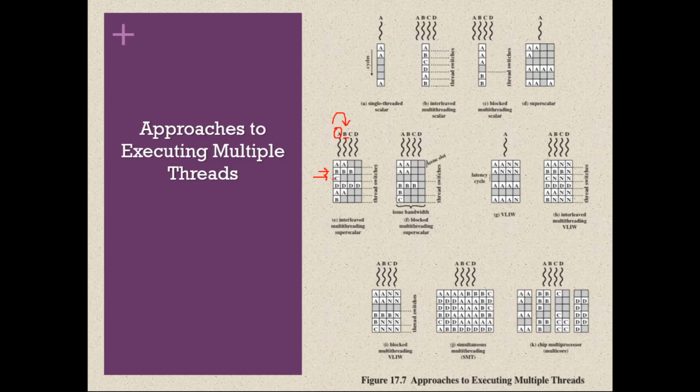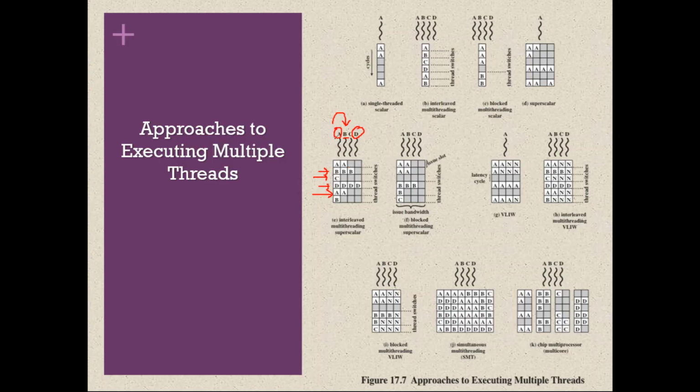At the end of the third clock cycle, it switches to thread D, picks 4 independent instructions, and executes those 4 parallelly with its 4 execution units. Then at the end of the fourth clock cycle, the processor switches to the next thread, A.